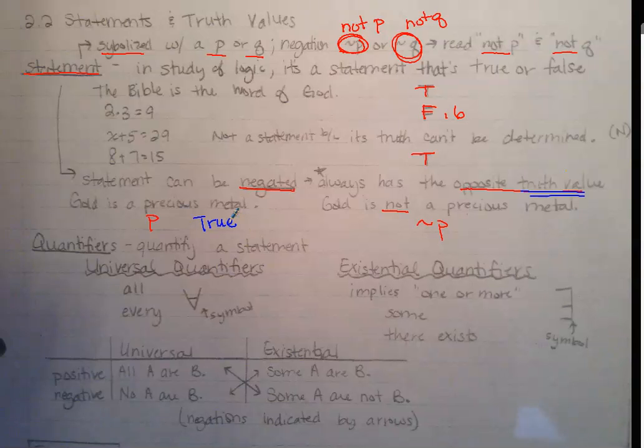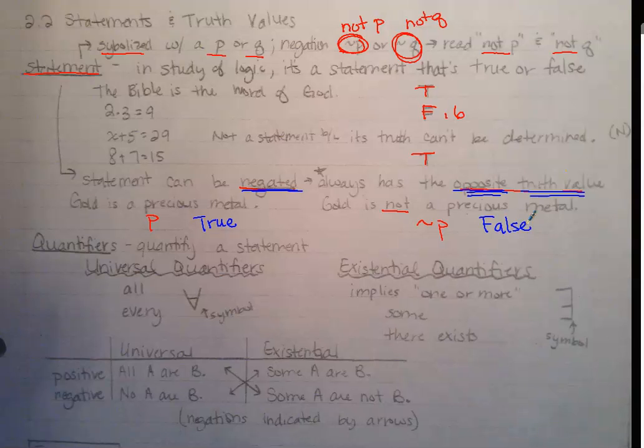So if gold is not a precious metal is a negation, and we know when we negate it, it always has the opposite truth value. What is this one? It's false. I'm sure it might sound like I'm asking you overly simple questions, that you think there's a trick answer to. I say we're doing the simple ones before we get to the hard ones.